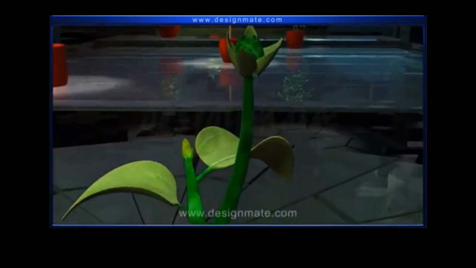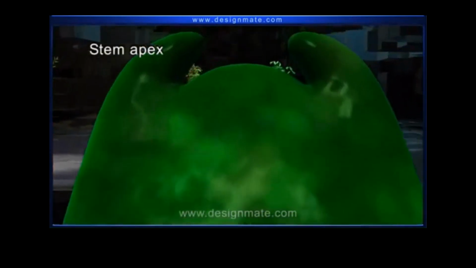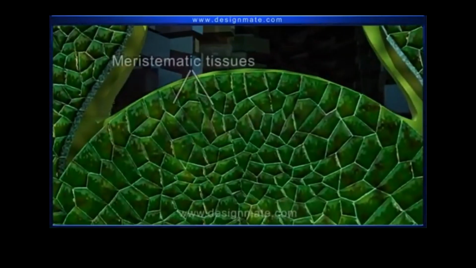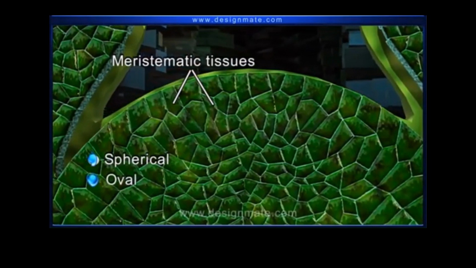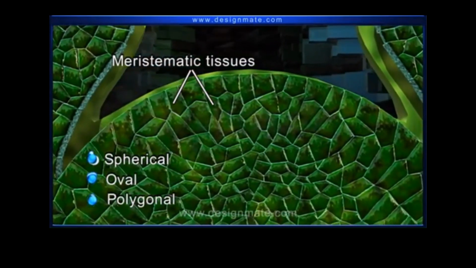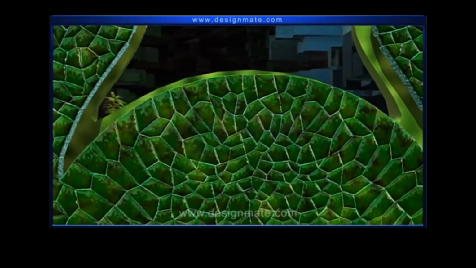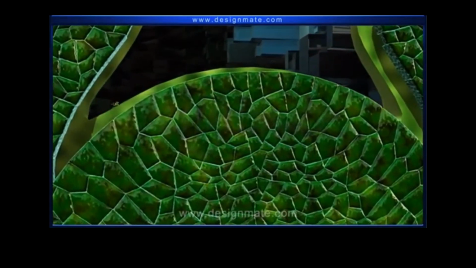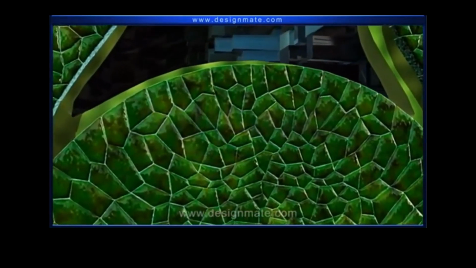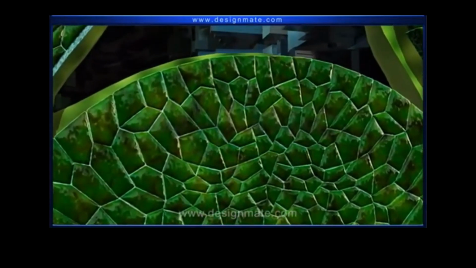If we take a section of the stem apex, we can see that the meristematic tissues are composed of spherical, oval, and polygonal shaped cells. The cells are closely arranged together without any intercellular space between them.